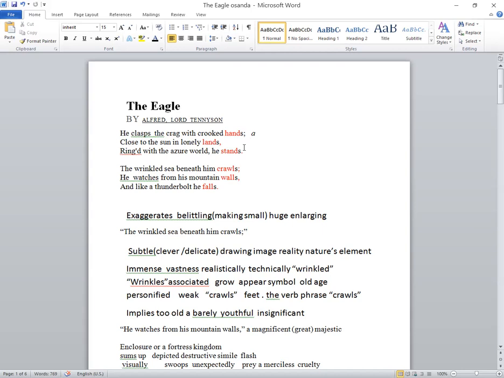Letter B? No, we give the same letter A. Why? Because hands, lands, they end in the same sound. A. A. Now you can see what is this pattern? A, A, A.